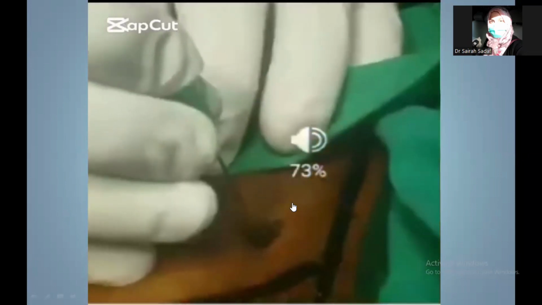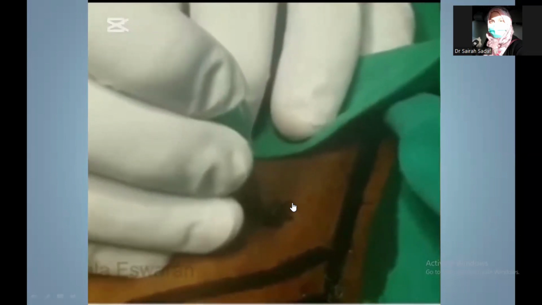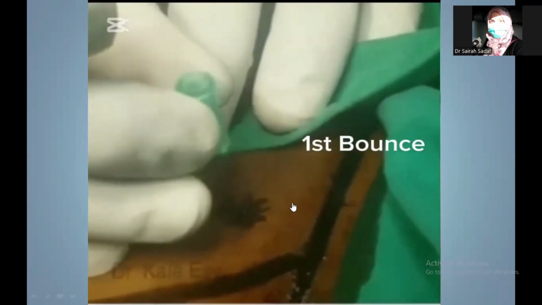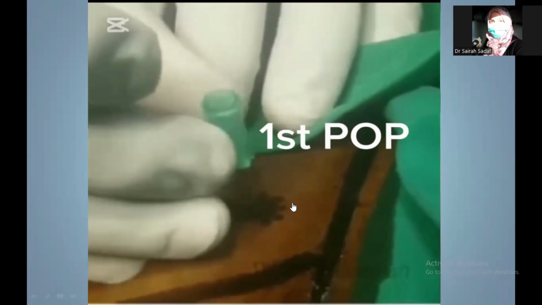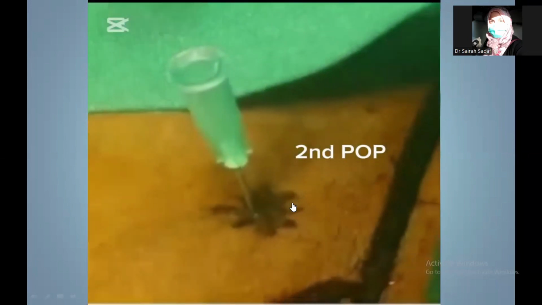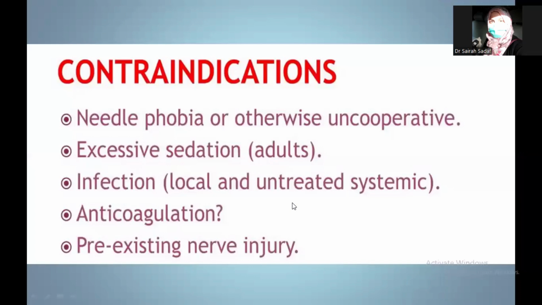Let me show it again. First pop. Second bounce. Bounce means you are on the fascia iliaca. You have pierced it. Second pop is felt, and give the drug.